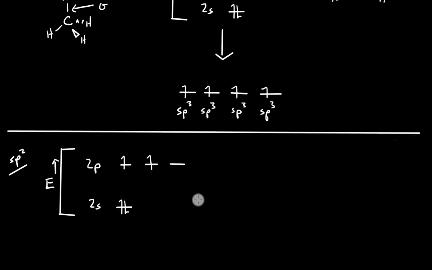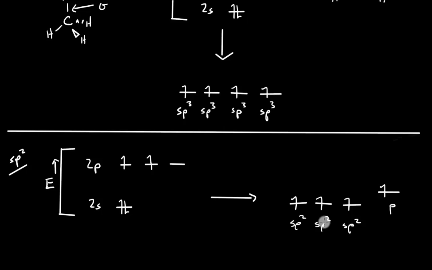And 1 p orbital is just sitting there untouched. So after we do our hybridization, we're going to have 1, 2, 3, 4 electrons to put into our hybrid orbitals. And we would put these electrons here, here, here, and here.